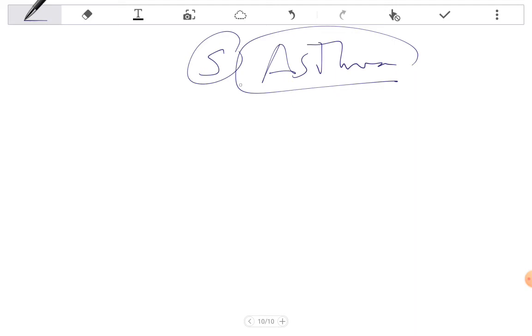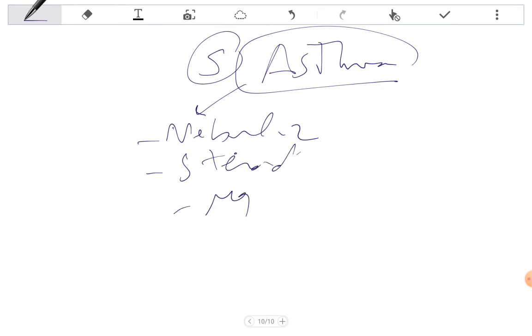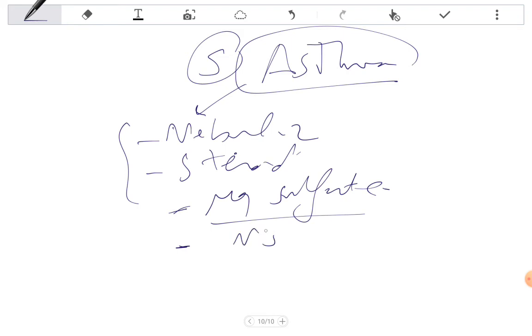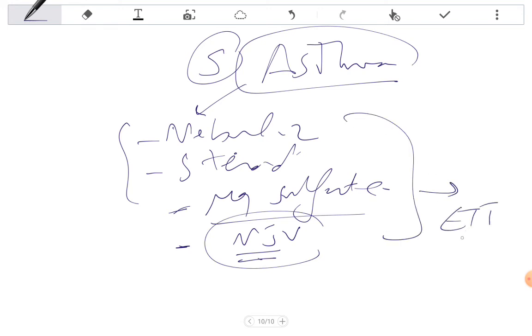So for a patient with life-threatening asthma, usually we start with nebulizers, you give steroids, you give magnesium sulfate, and you may even give non-invasive ventilation. With all of these you try to avoid endotracheal intubation and mechanical ventilation.